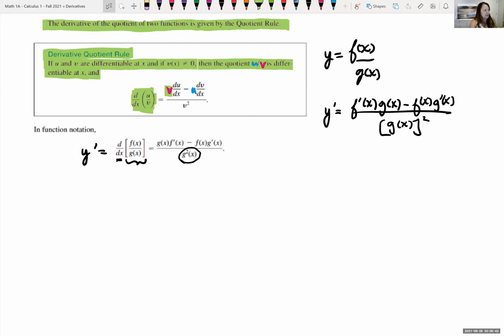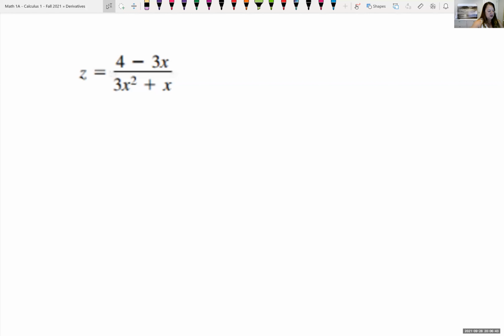Okay, so let's look at some examples using what we've learned so far, using the general power rule and the product and quotient rule to find derivatives of functions. So our example in front of us now, we're given this function z, and z is equal to 4 minus 3x, that quantity is in our numerator, all over the quantity 3x squared plus x.